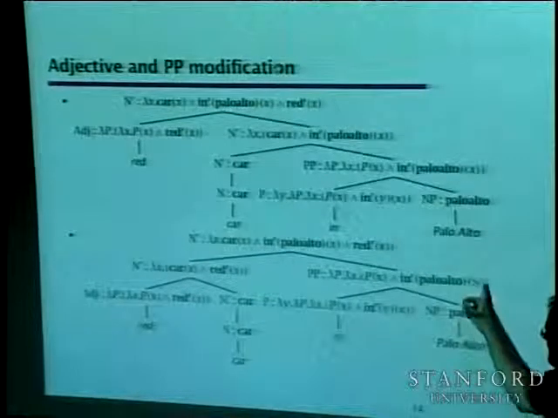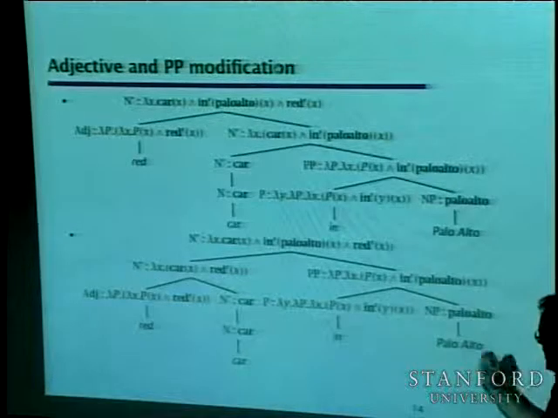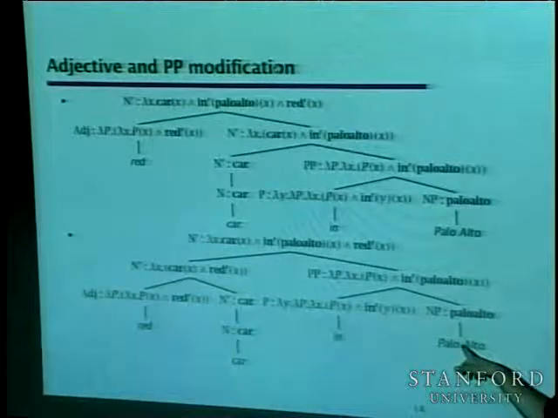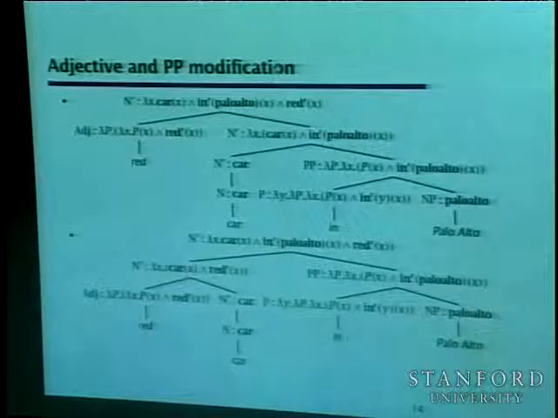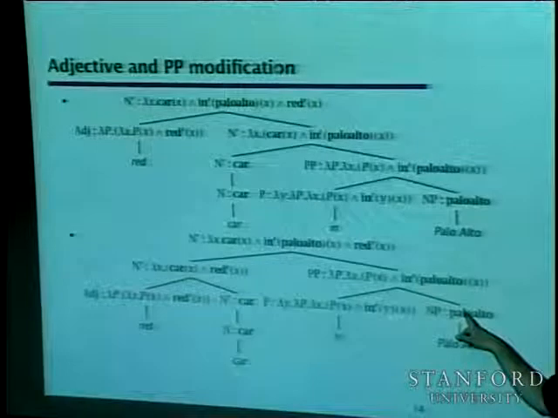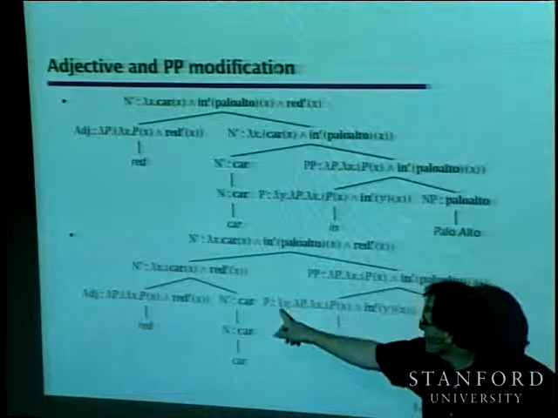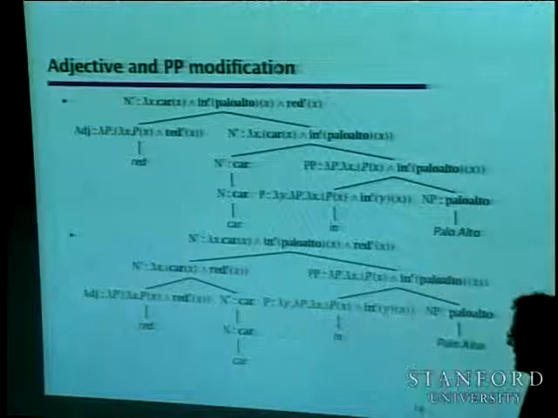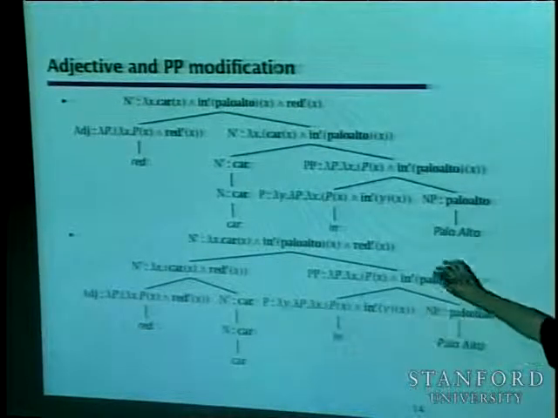Okay, so we want to build up a property meaning, but what we actually have is an individual Palo Alto, and we have the word in. So that suggests that we want to have something that takes an individual and is returning something. So the preposition's meaning starts off by taking an individual Y. And so what's it going to return?